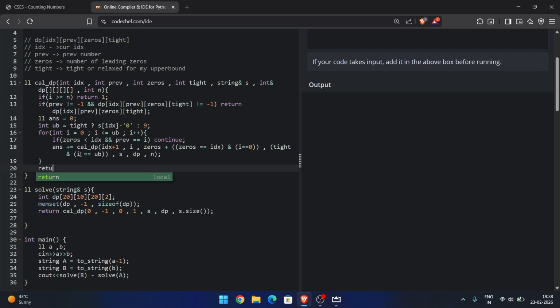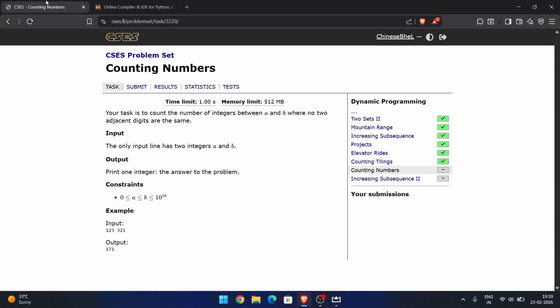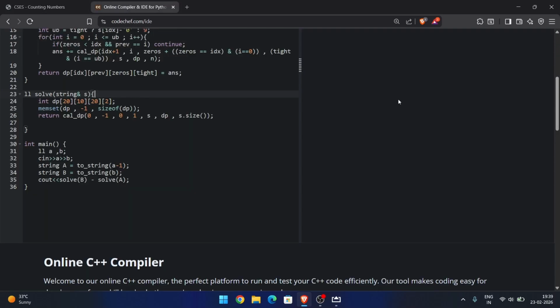Okay, so now we will return our answer. Before returning, we will store it in our DP. Index, previous, zeros and tight. Okay, now let's see 1, 2, 3, and 3, 2.